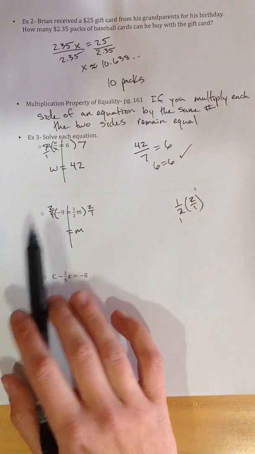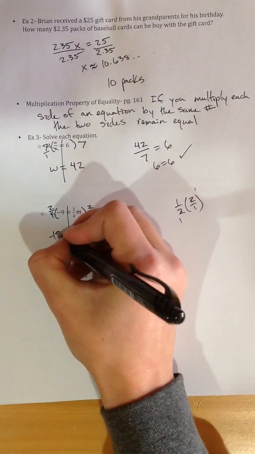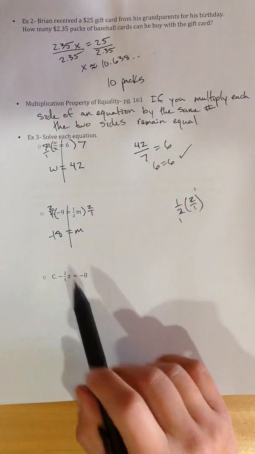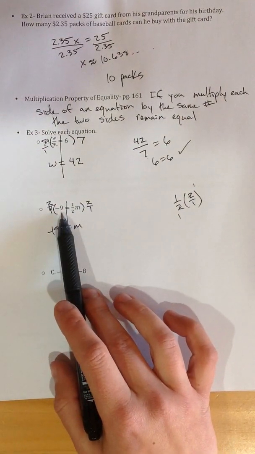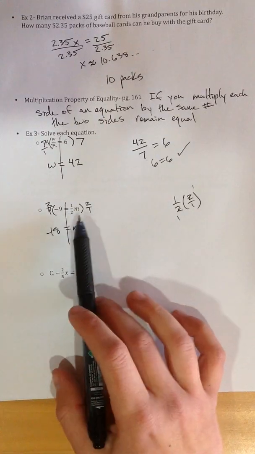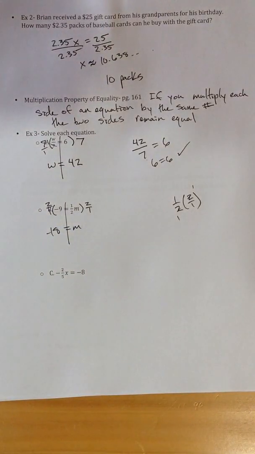And then over on the other side, when we take 2 times -9, that would come out to be -18. And if you think about it, if I took half of -18, that would come out to be -9. Okay, so anytime you've got a fraction multiplied out front, instead of dividing by that fraction, you can multiply by the reciprocal, or multiply by the flipped over version.